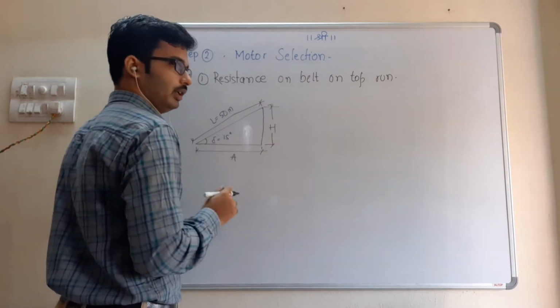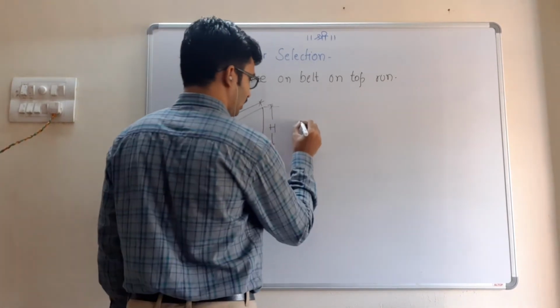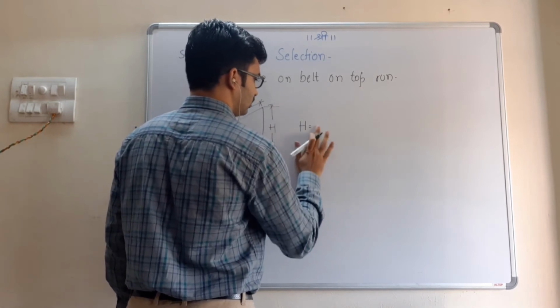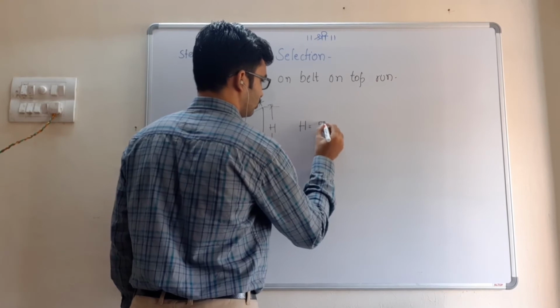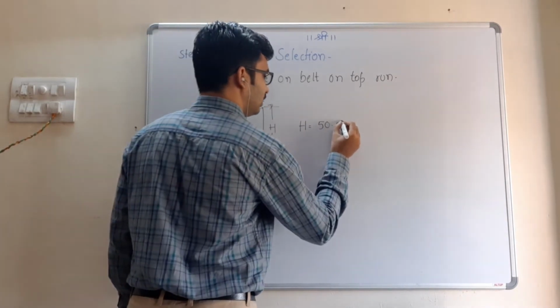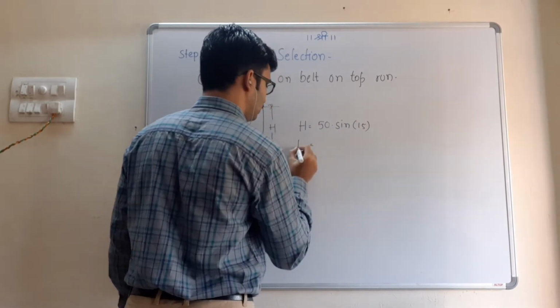Using trigonometry you can calculate H is equal to 50 into sine delta, so sine 15.